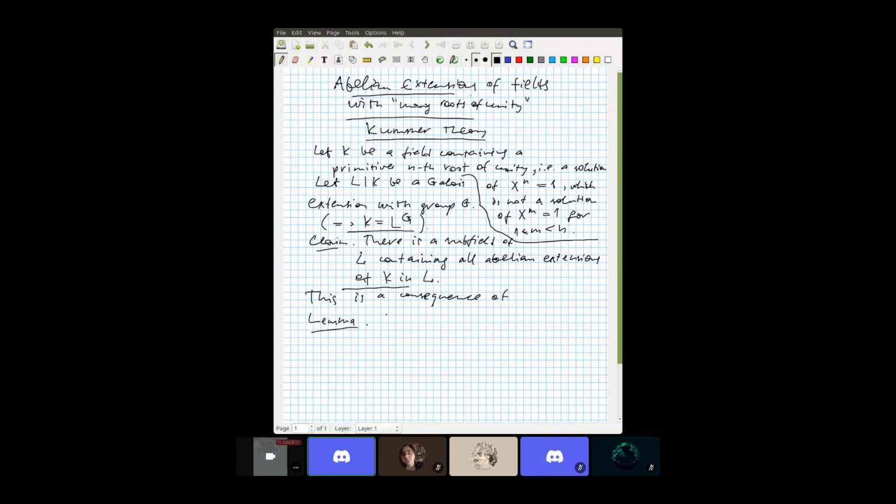So let L over K be, again, a Galois extension with group G. Then the Galois correspondence transforms compositums. So what can we have?